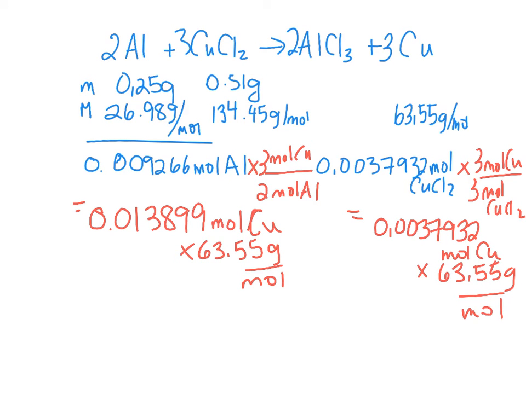So we found the moles of each reactant, multiplied it by the mole ratio of our product to our reactant to figure out moles of product that we can make. So what masses do you get?